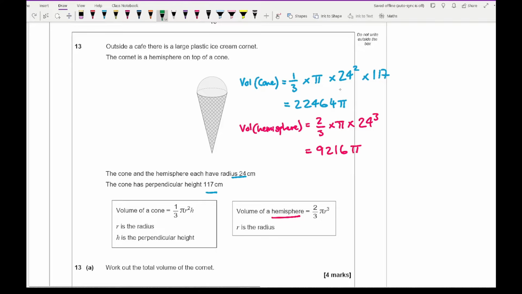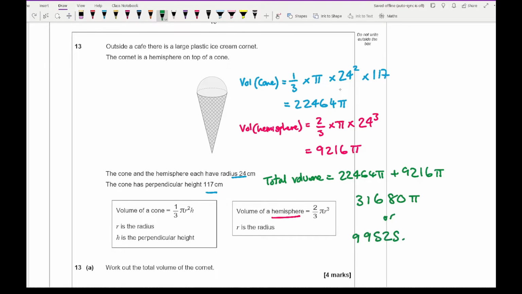So then the total volume is going to be 22464 pi plus 9216 pi, and if I add that together, I get an answer in terms of pi of 31680 pi, or as a decimal it's 99525.65527, and then just round your answer, but either of those will be fine, and remember that units are centimetre cubed.